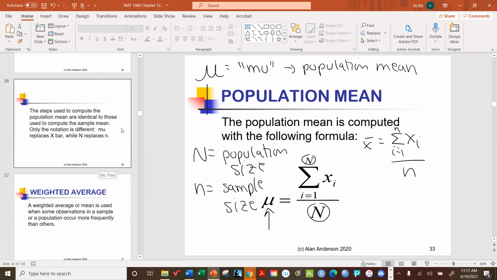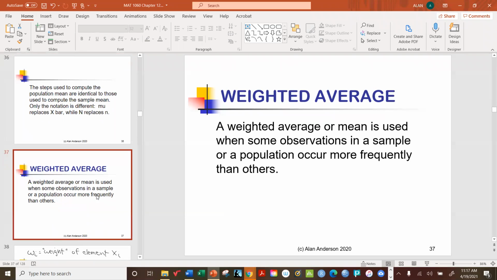So I'm about to introduce to you an alternative version of the average that is used for very special cases. It's called a weighted average, and you may have heard that terminology before. We typically use this when some observations in the sample or population occur more frequently than others.